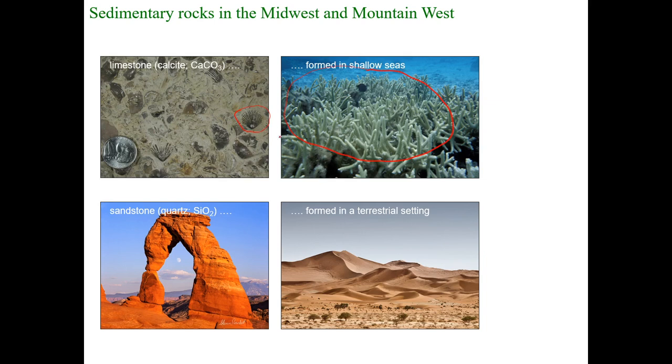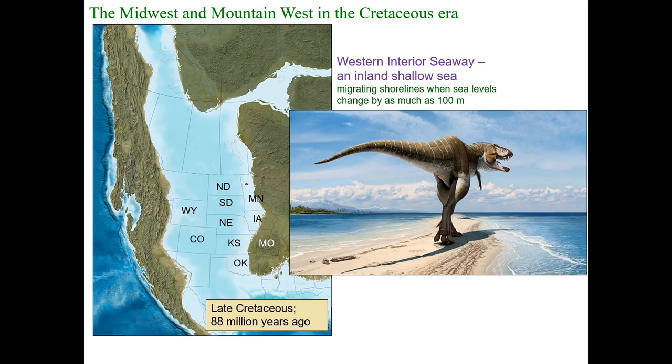Clams and corals and all the little crustaceans and animals build their shells out of calcite, and that calcite eventually hardens and turns into a rock called limestone. Sand in the desert environments is going to harden and turn into sandstone, right? And that lets us know, again, what the environment was like.